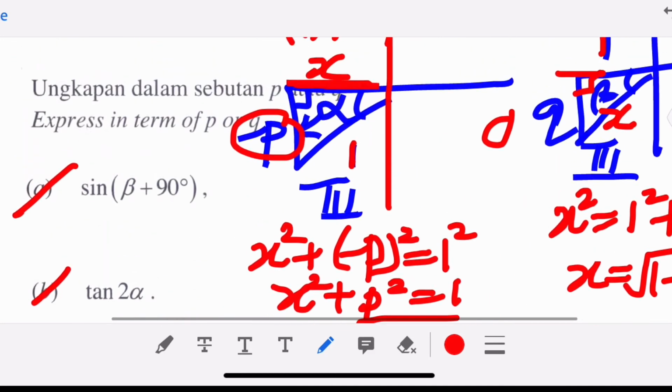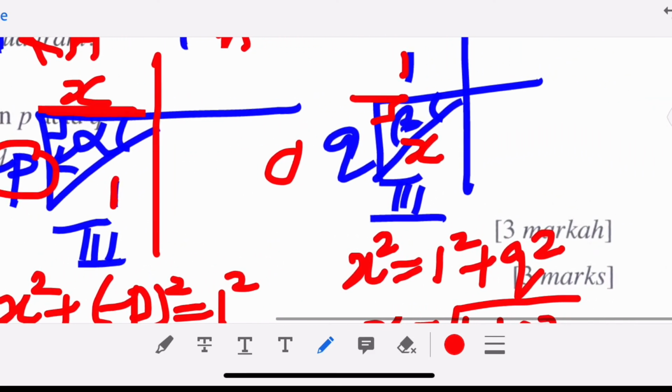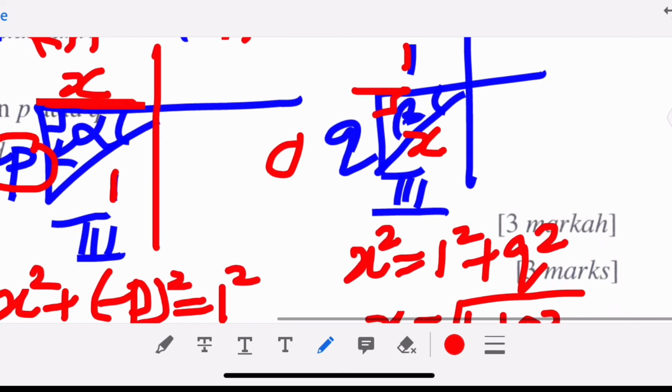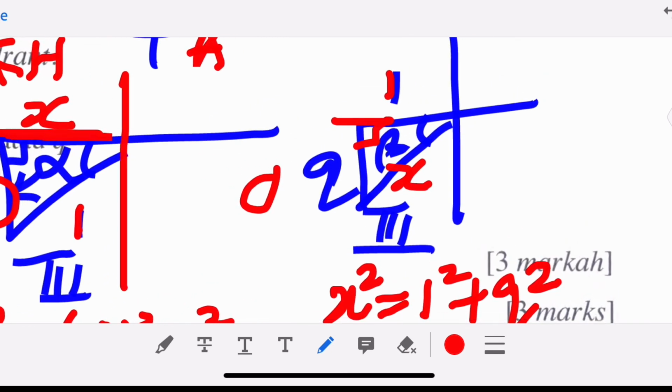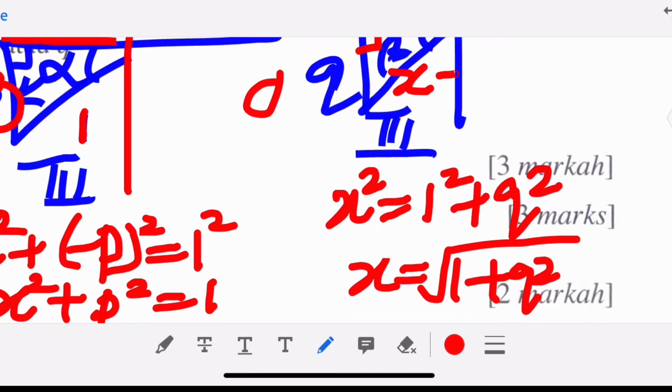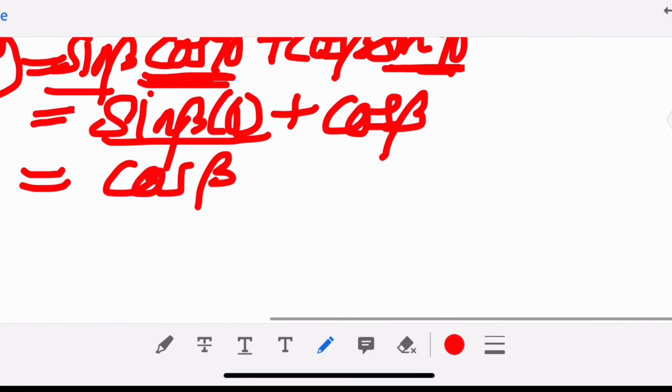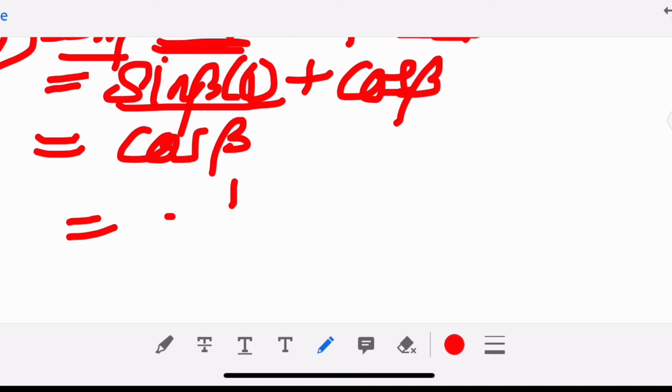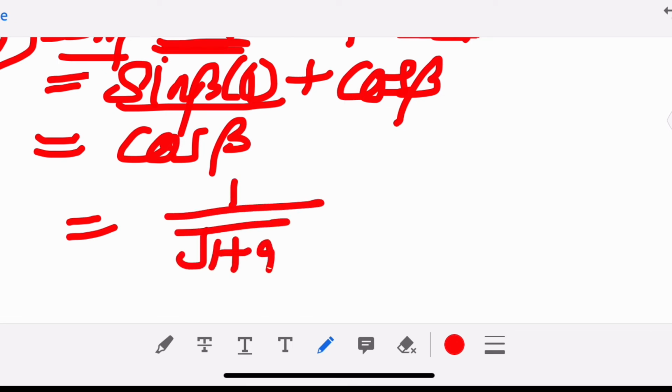Then we go to the triangle. Cos beta is adjacent over hypotenuse. So we will take 1 over the hypotenuse, which is the square root of 1 plus q squared. So it's 1 over the square root of 1 plus q squared.